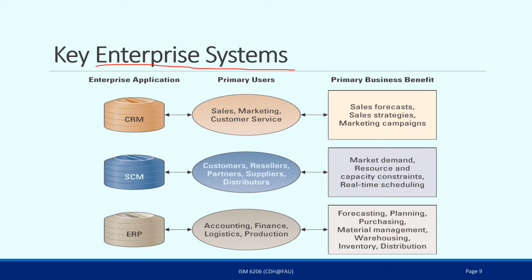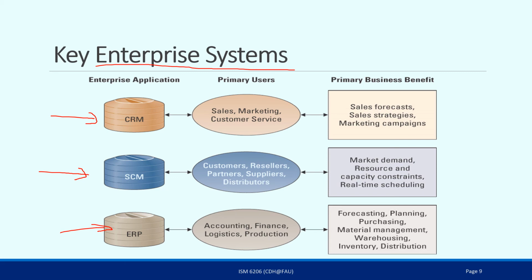They're really there to help the enterprise perform all of the tasks that are required across the whole company. The three main types of enterprise systems are ERP, enterprise resource planning, CRM, customer relationship management, and SCM, supply chain management. In the next few slides, we're going to be focusing on the ERP systems, and then we are going to talk about SCM and CRM later.